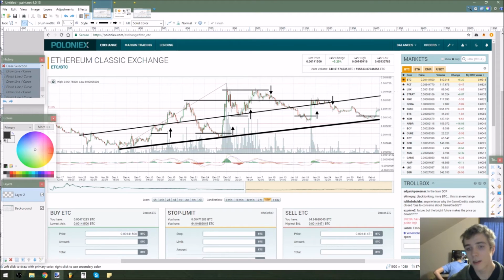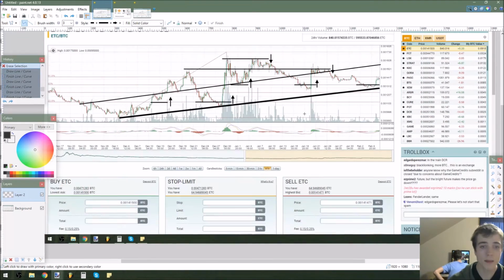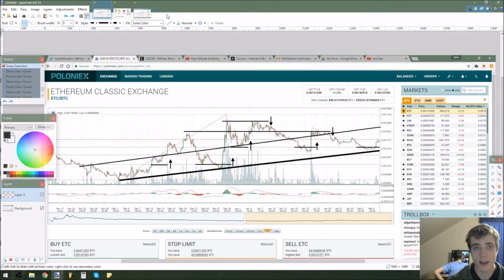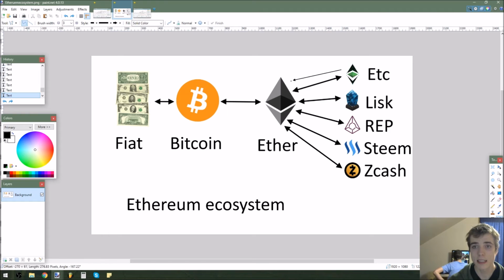Now obviously there's risk involved, and there's many factors to be thinking about. If Ethereum just runs clear up in value, then we could see a lot of ETC's value go back into Ethereum. And it's also important to remember that Ether can be spent on Lisk and Augur and Steem and Zcash, so people could be exchanging their Ether in other directions too, which might take Ethereum's value away but still not give any value to Ethereum Classic.